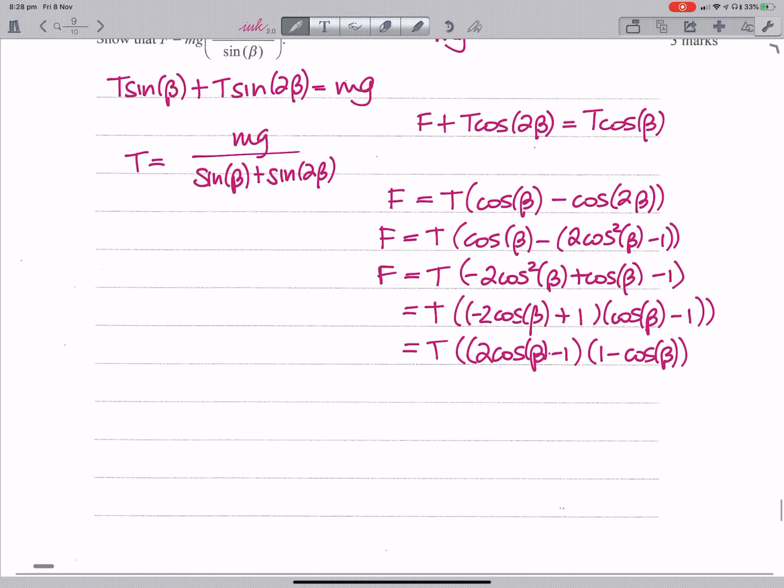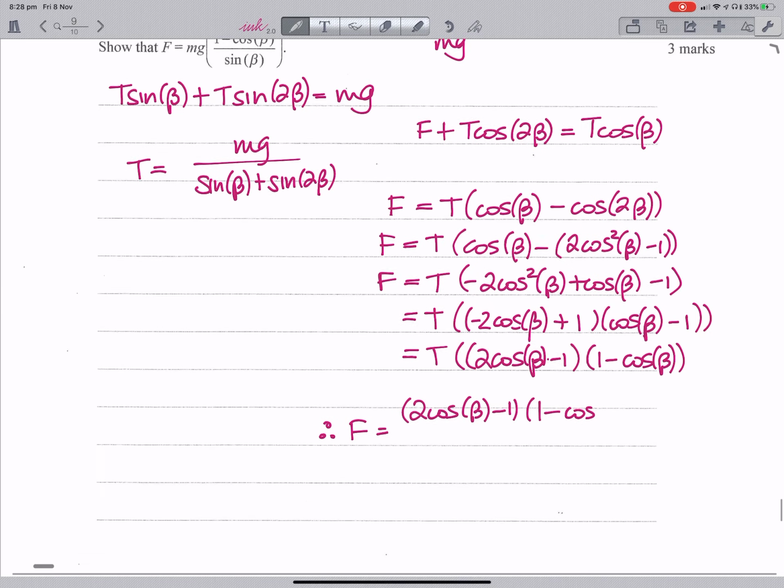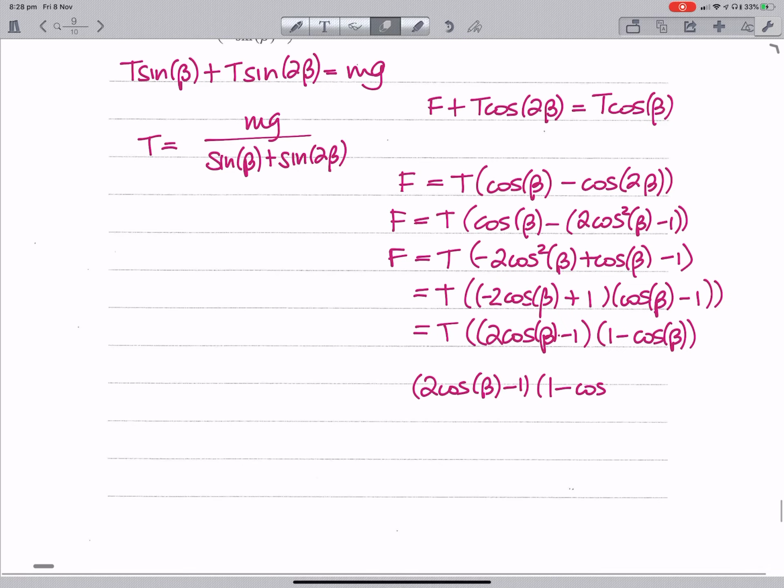Okay, but we know that T equals mg on the bottom, so therefore F is equal to 2 cos beta minus 1, 1 minus cos beta, mg, which is that.